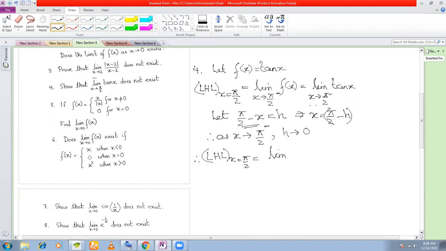Limit x tends to pi by 2 minus becomes h tends to 0, and tan, and what is the value of x here? Pi by 2 minus h, right? So we get limit h tends to 0, tan of pi by 2 minus h, which is nothing but cot h, right?